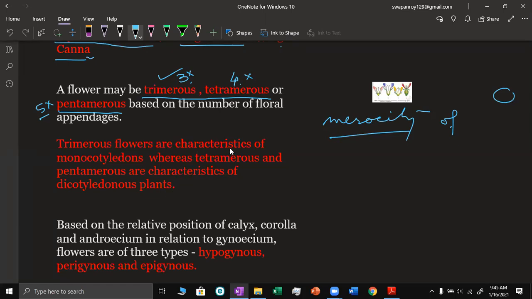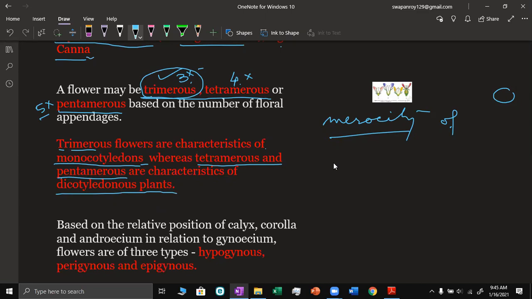So this is one of the important criteria: trimerous flowers are characteristic of monocotyledons, whereas tetramerous and pentamerous flowers are for the dicotyledonous flowers.